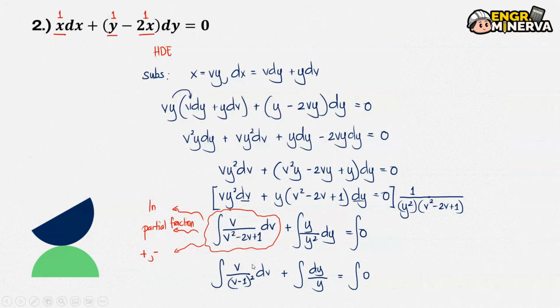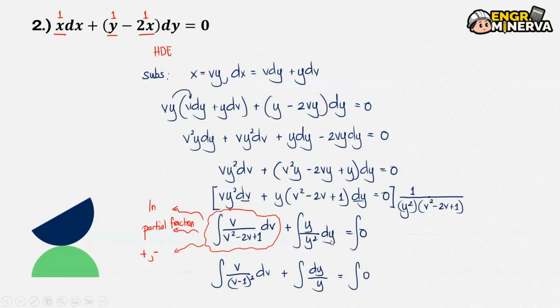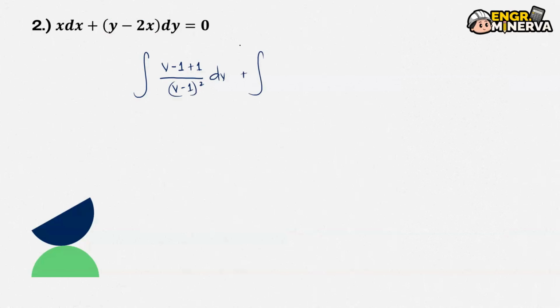So that would be integral of v minus 1 plus 1 over v minus 1 squared plus integral of dy over y equals integral of 0.